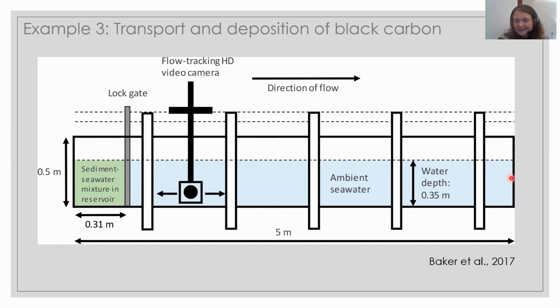So the current doesn't reflect back from the wall, but travels underneath when it reaches the end of the false floor. I also used this flow tracking video camera, and I used some UVP probes as well, which meant that I had to do every experiment 2 times because you cannot use the camera and the UVP at the same time.